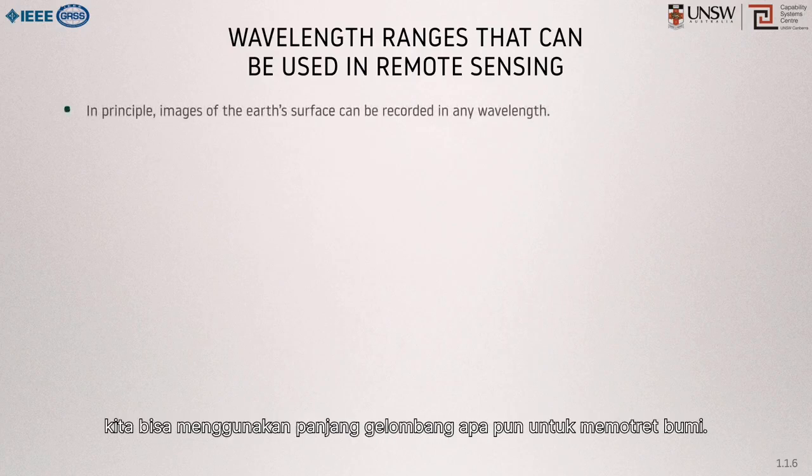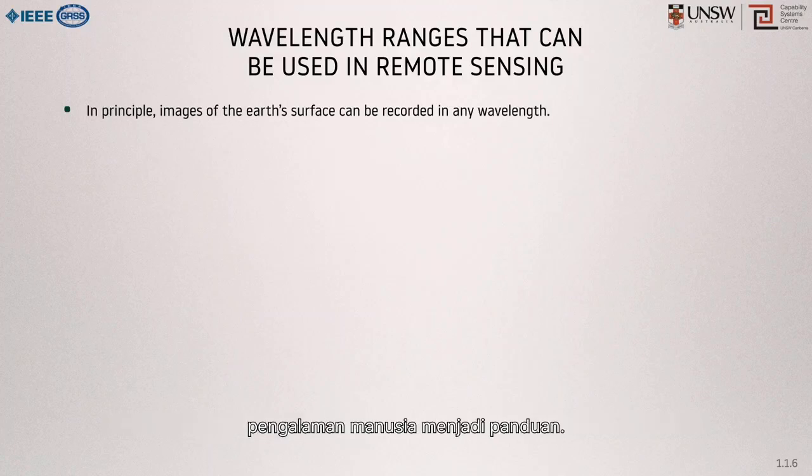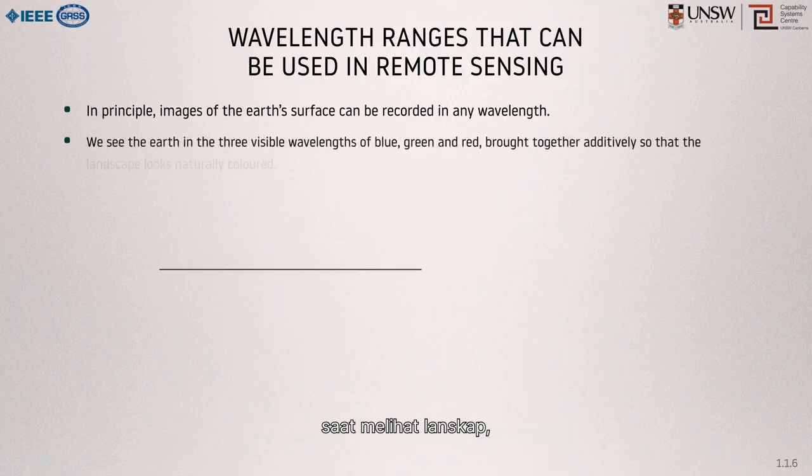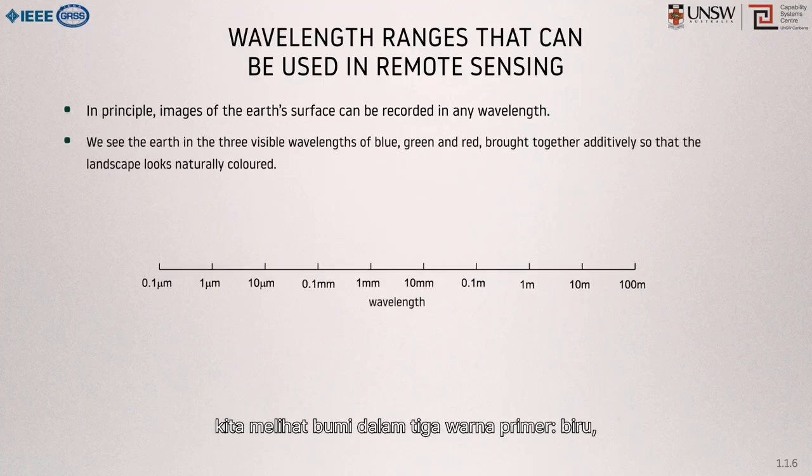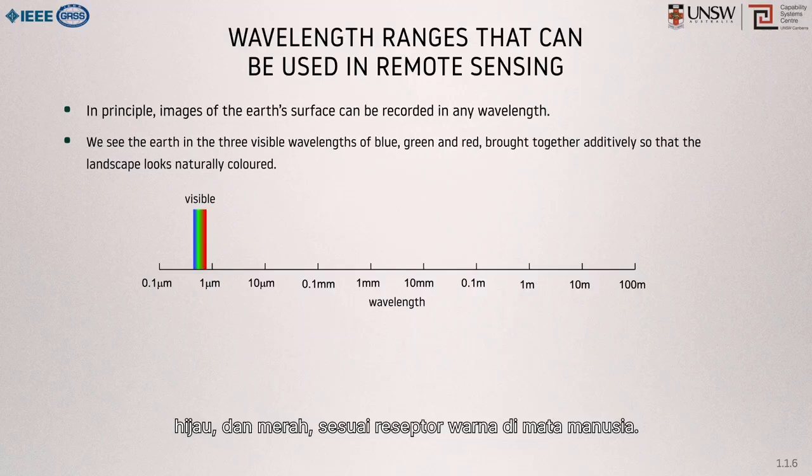In principle, we could use any conceivable wavelength with which to image the Earth's surface, and we are guided in this by our own experience. For example, when we look at the landscape, we view the Earth effectively in the three primary colours of blue, green and red, which correspond to the colour receptors in our eyes. They are then combined additively to produce the range of colours and brightness to give us the natural set of landscape colours that we observe.